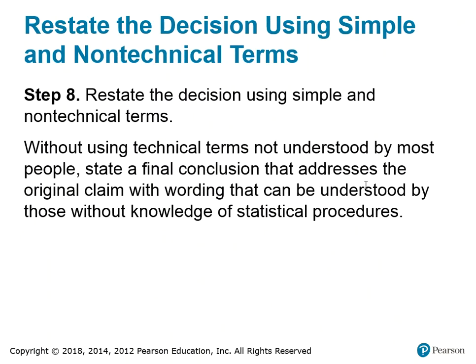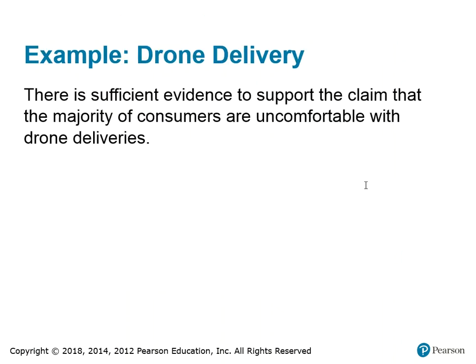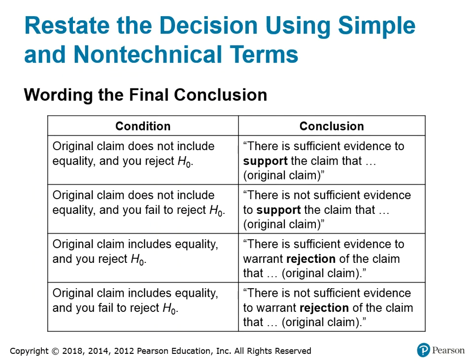If we're going to reject the null, we have to restate this in terms that make sense, and there is a chart to help with that. We could say there's sufficient evidence to support the claim that the majority of consumers are uncomfortable with drone deliveries. We definitely have to be careful with that, so let's look at some options. In this table, you can either keep it out of this slideshow and just print it out to help you, or this is also in your book.